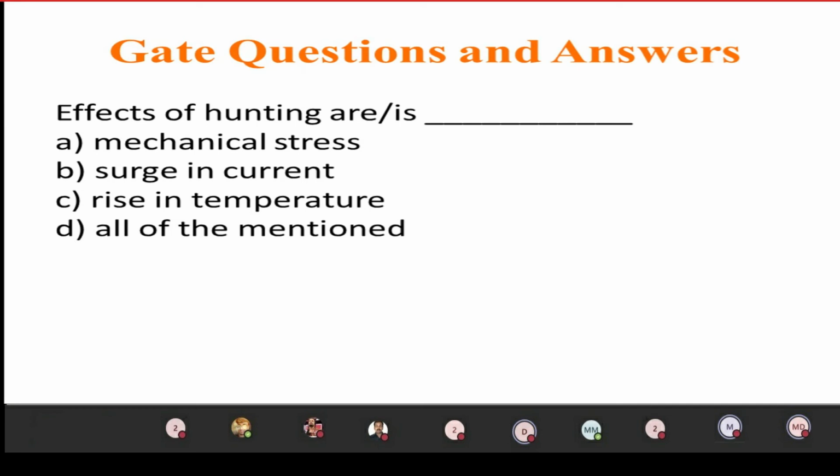Sudden change in load. If it is a synchronous generator, sudden change in load means suddenly we are taking the current from the synchronous generator. If it is a synchronous motor, we are applying the mechanical load suddenly or removing the mechanical power suddenly.